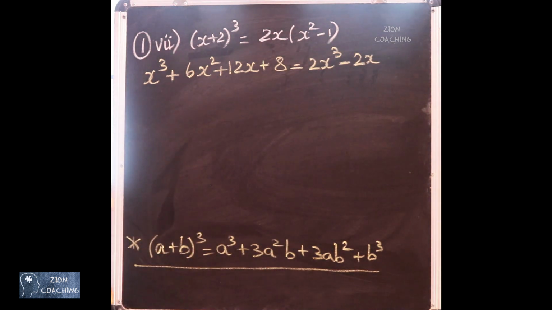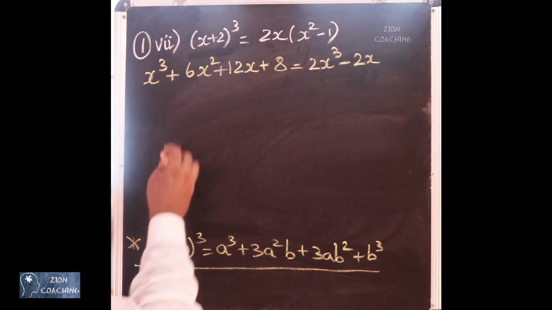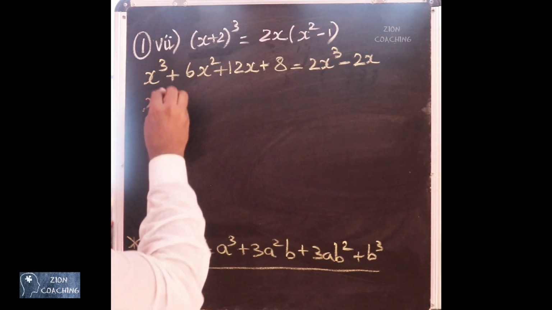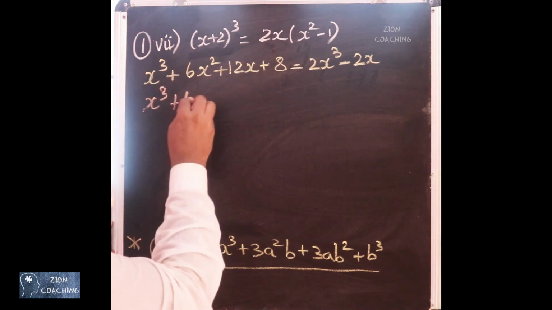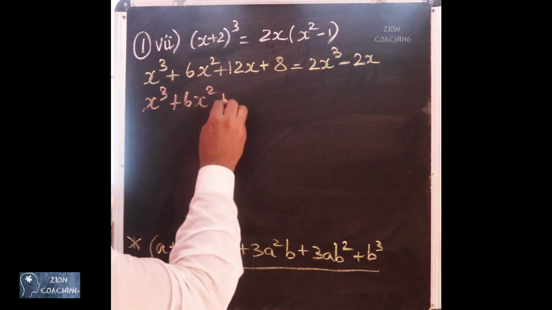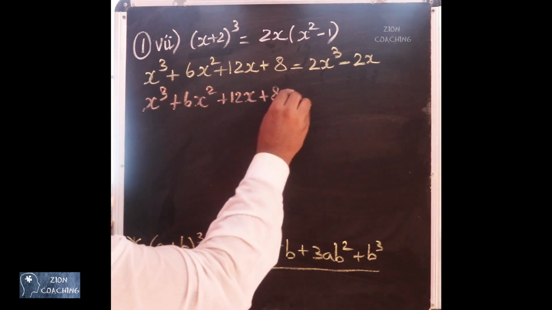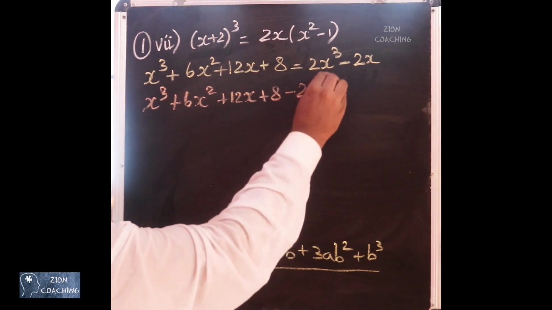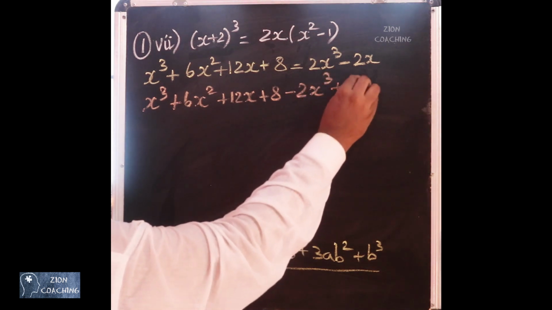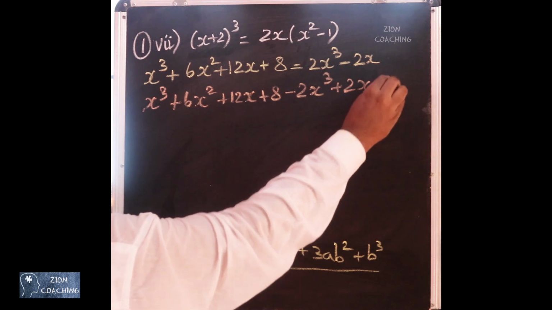Now we are going to bring all the terms to one single side. So we will have x cube plus 6x squared plus 12x plus 8 minus 2x cube plus 2x equal to 0.